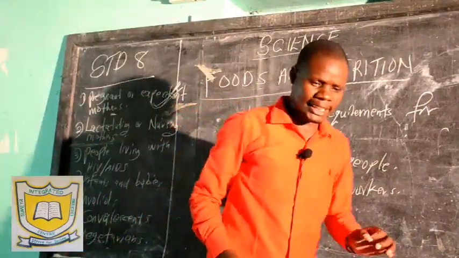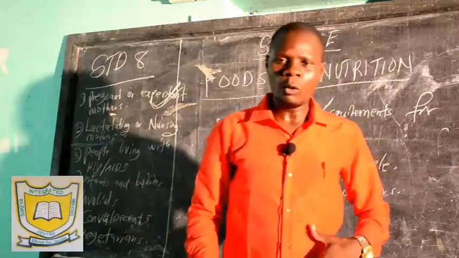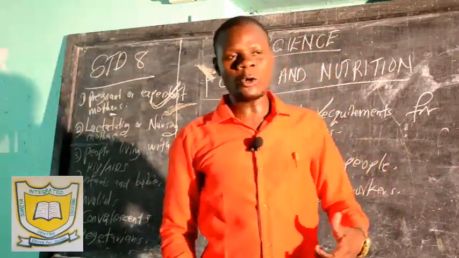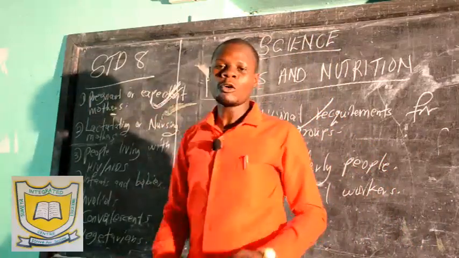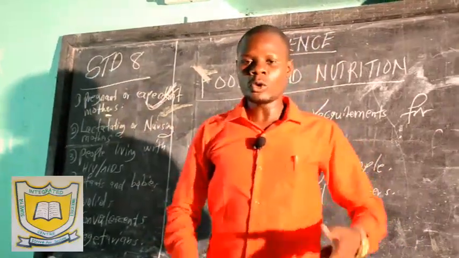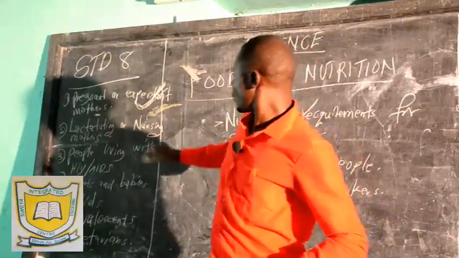Now you understand that the baby in the womb is depending on the mother. The nutritional requirement of the baby and the mother, so there are two. It depends on the mother.